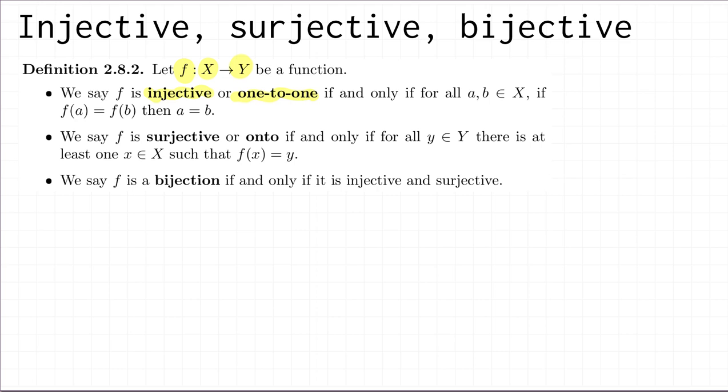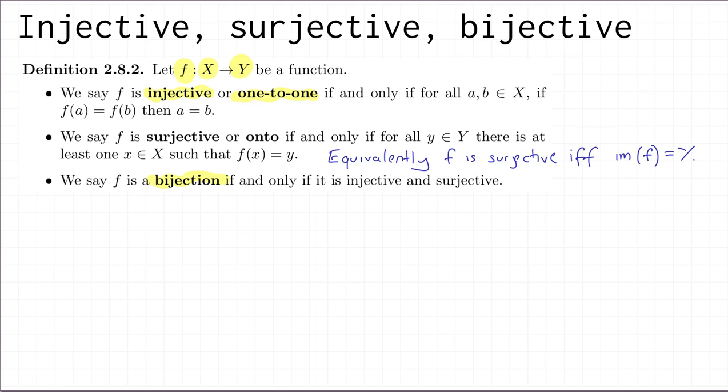So you could rephrase this by saying equivalently, f is surjective if and only if the image of f is equal to Y. So you can see that there is a special name for functions whose codomain is equal to their image. That is surjective or onto. And finally, we say a function is a bijection if and only if it's both injective and surjective.